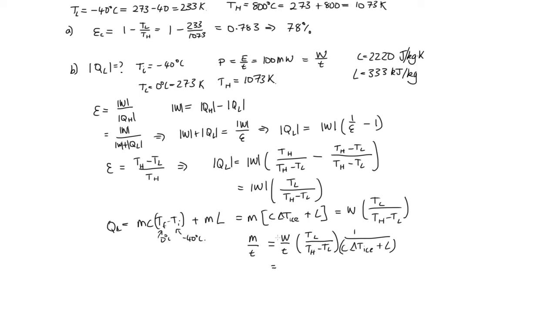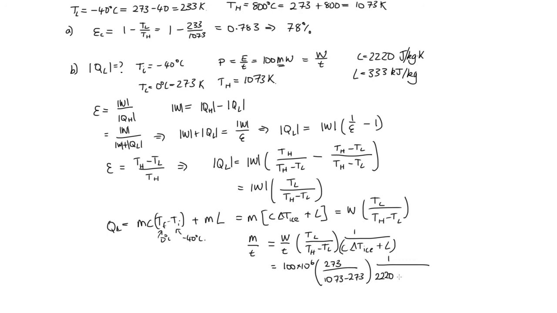So this work over time is 100 times 10 to the 6. The 10 to the 6 is because that's a mega. Okay, TL, we were told with this one it could only go down to 0 degrees C. So TL is 273. This is 1073 minus 273, which should give us our 800 back. This is 1 over C, which we were told was 2,220 joules per kilogram per Kelvin.